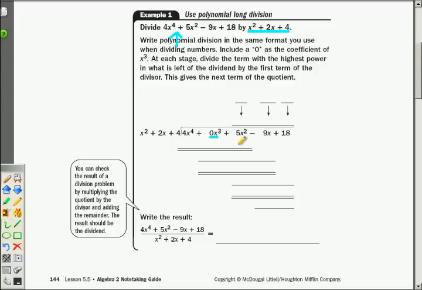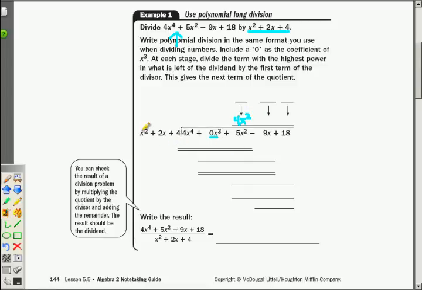Okay? Now, x squared times what? Now, what you're trying to get rid of is this first number only. So x squared times what is going to be 4x to the 4th. Well, hopefully you see that that is 4x squared. And I'm going to put that in the x squared place right here, 4x squared.